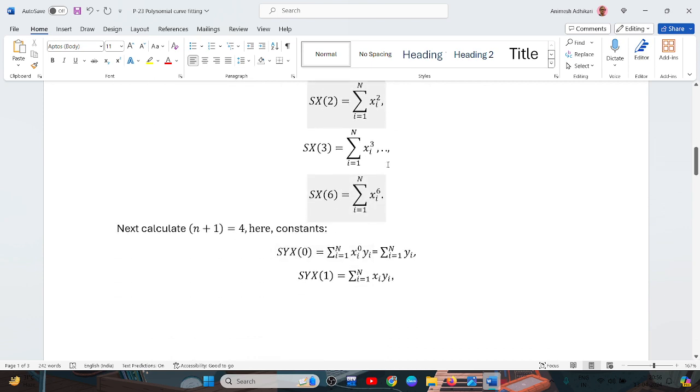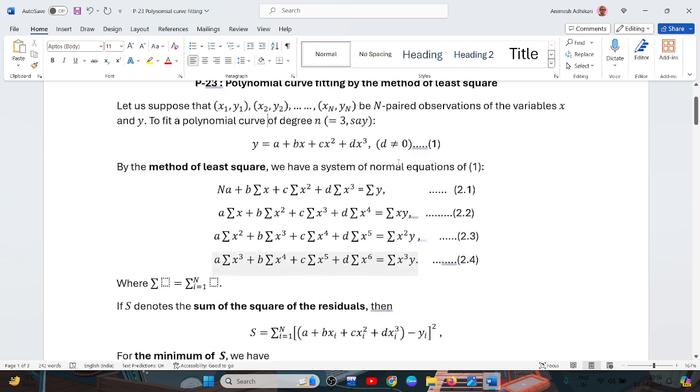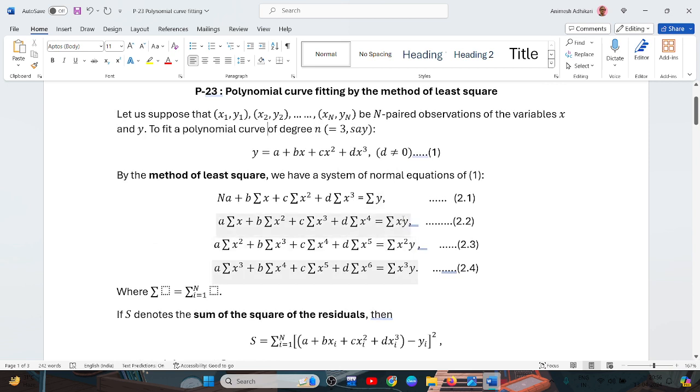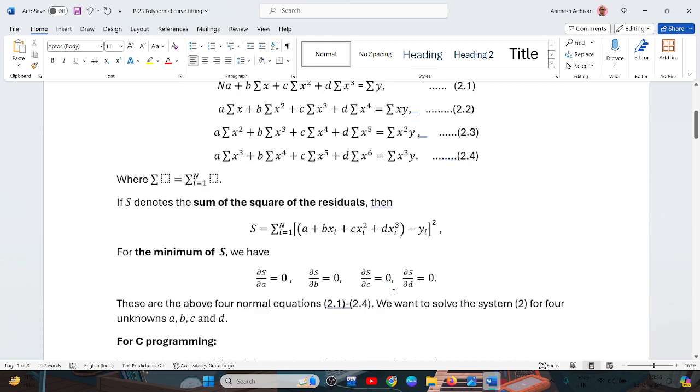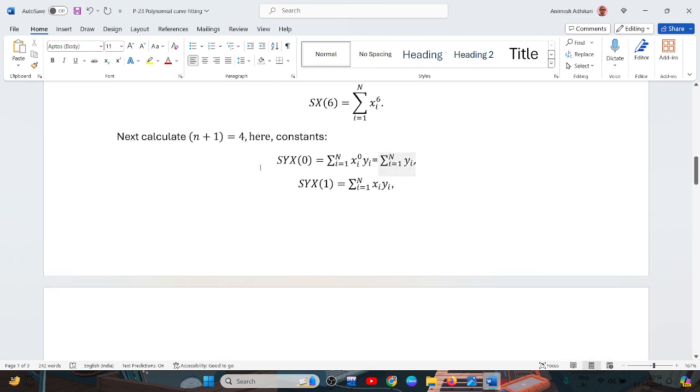And for the right hand side, this is summation y, summation xy, summation x square y, summation x cube y. So we write Syx0 equal to summation xi to the power 0 yi, that is equal to summation yi.